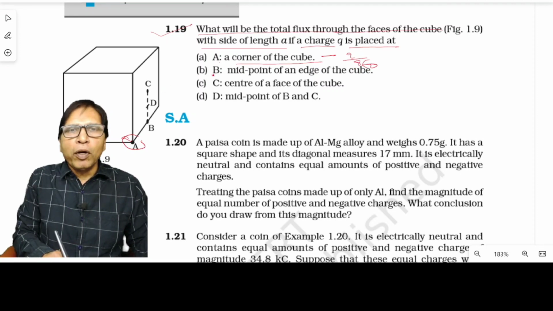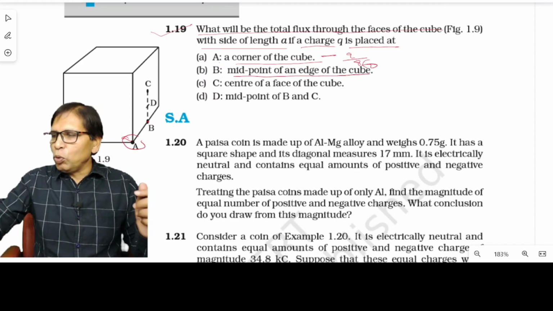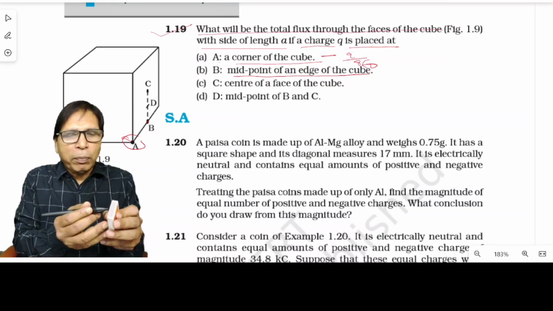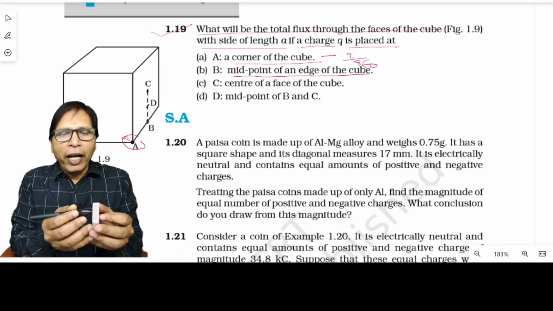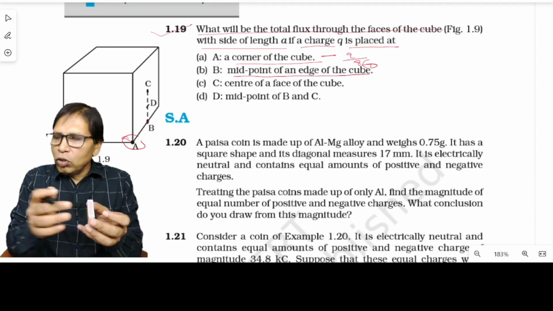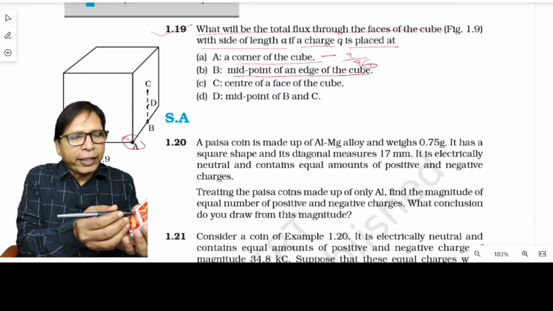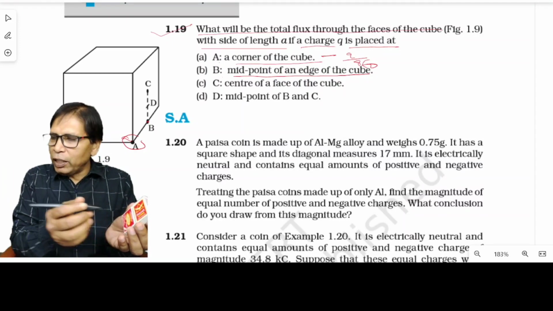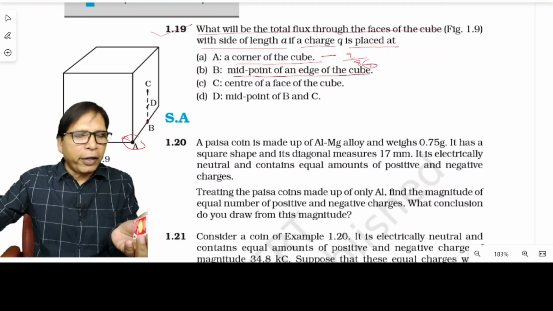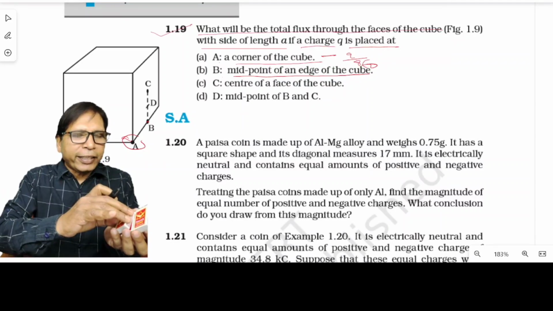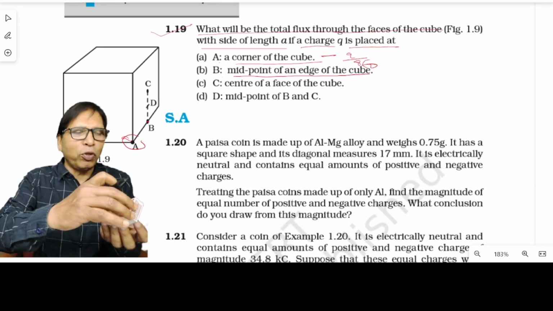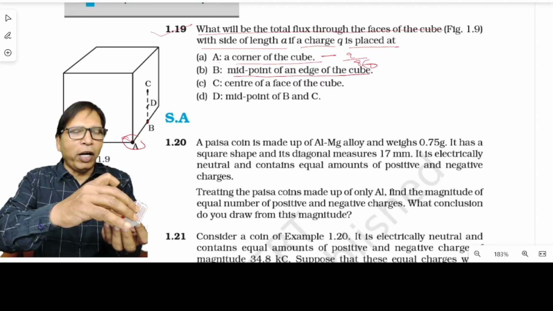B means the midpoint of the edge of the cube. Here the charge is placed at this point. So 4 cubes are required to bring the charge to the center.